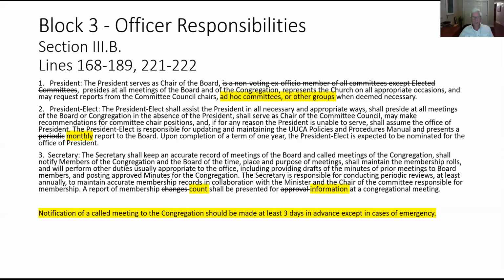Let me make just 1 or 2 comments. Note that on the president not being an ex officio member of the committees, the presidents for the last couple of years have not attended those on a regular basis anyway. If they want to attend a meeting, as with any congregation member, they can attend and participate and ask questions as needed.